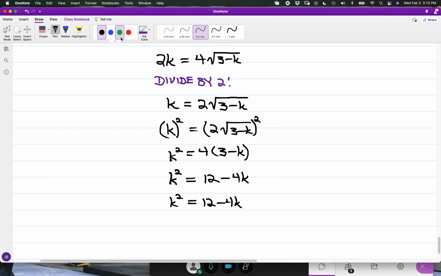And so just setting the equation in standard form, we add 4k and also take away 12. So you have k squared plus 4k minus 12 is equal to 0.